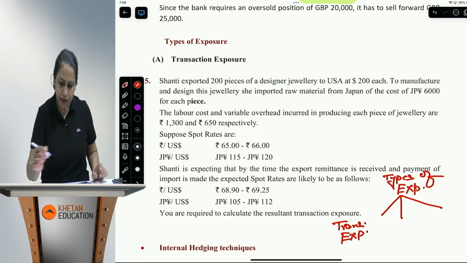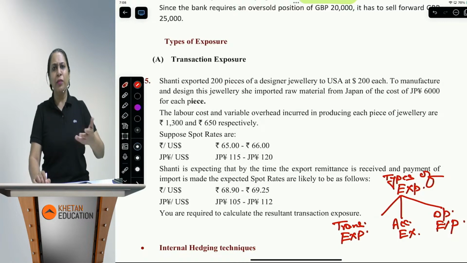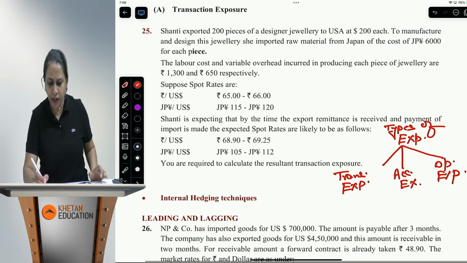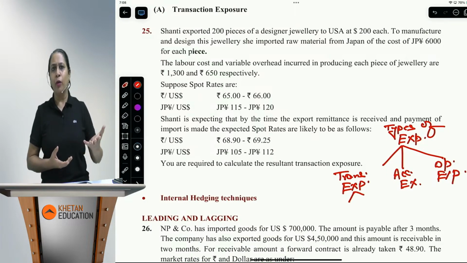Now, here transaction, then accounting exposure and operating exposure. Transaction exposure means risk basically. For example, suppose I bought $1 lakh worth of garments from the US on 1st of January, and I am supposed to pay on 31st of March.